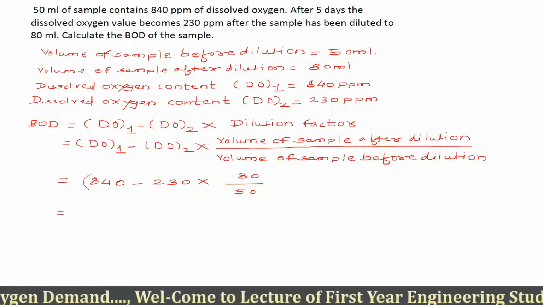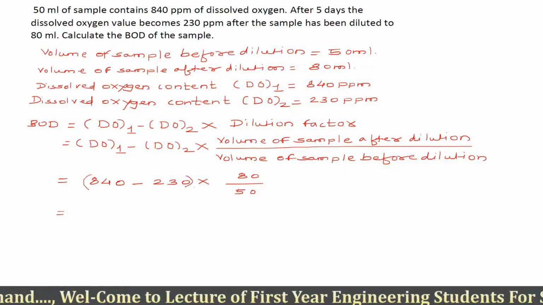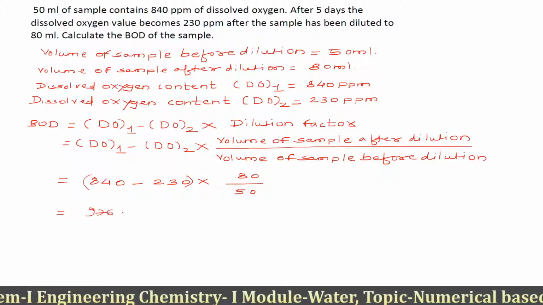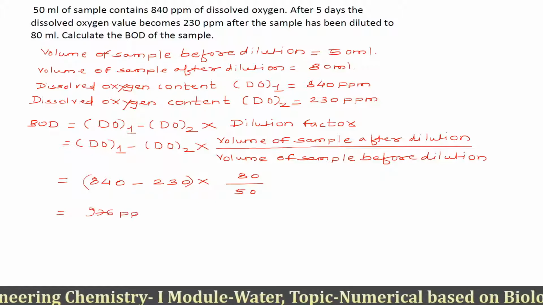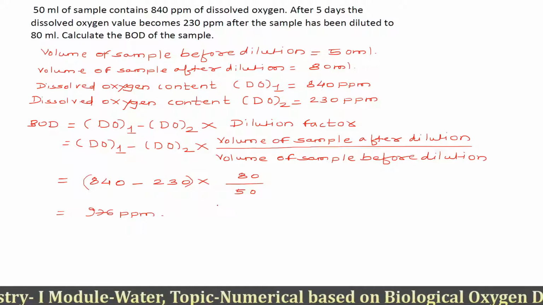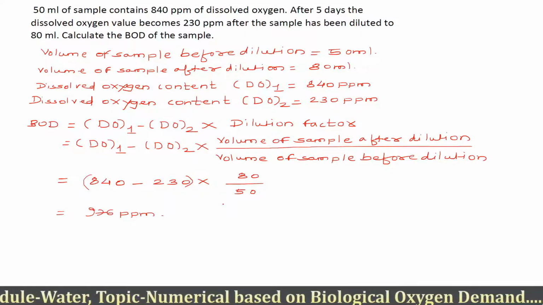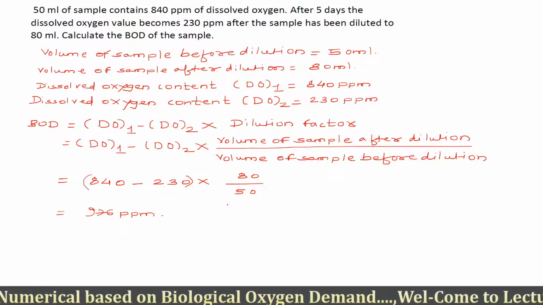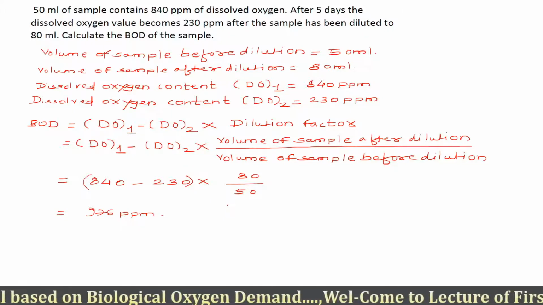After calculation, our answer becomes 976 parts per million. So this is the biological oxygen demand of the water sample, 976 parts per million.